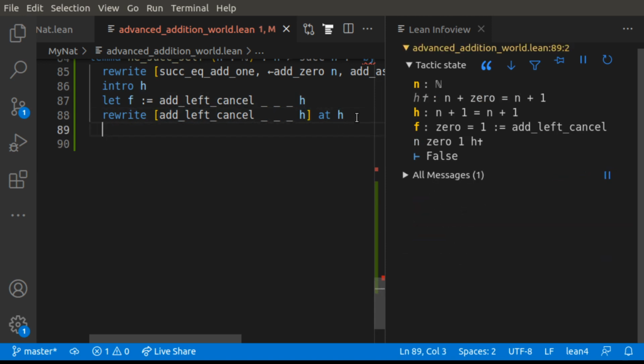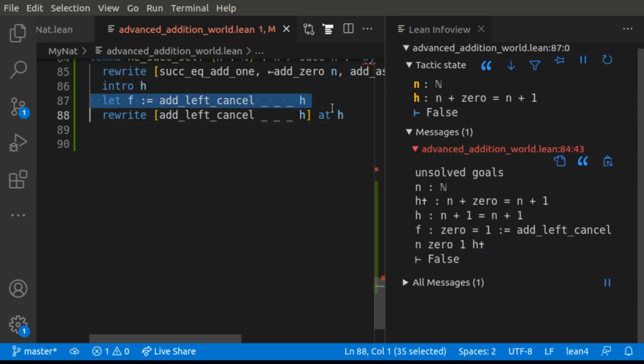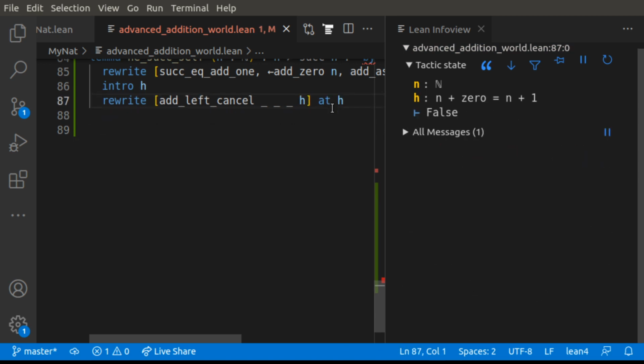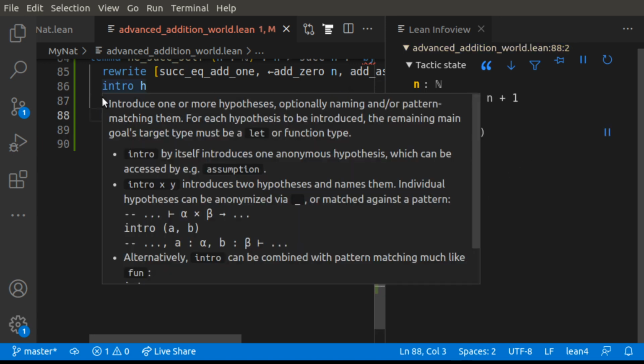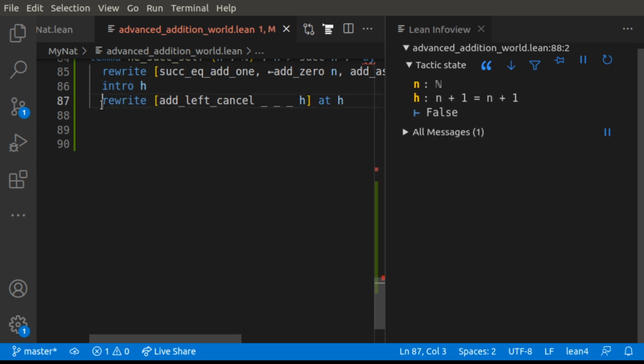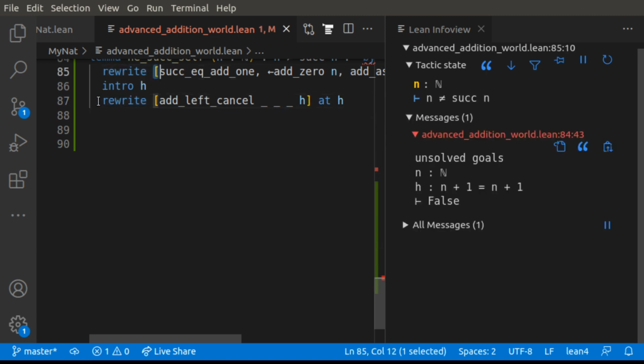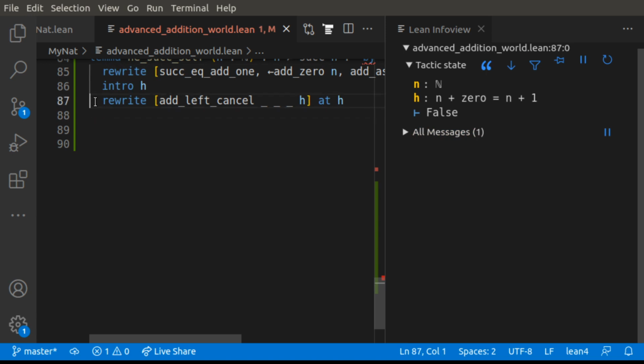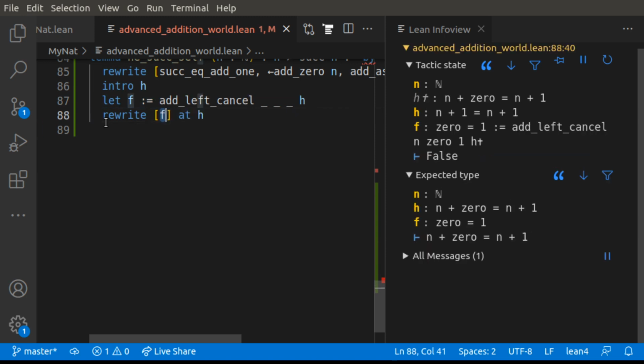Now our goal is, what did this do? Plus 1 equals n plus 1. Huh? What the heck? How do we go from here to here? Oh, well, using 0 equals 1, we have this. That's a little silly. Let's not do that.